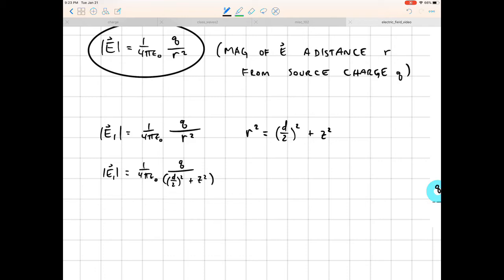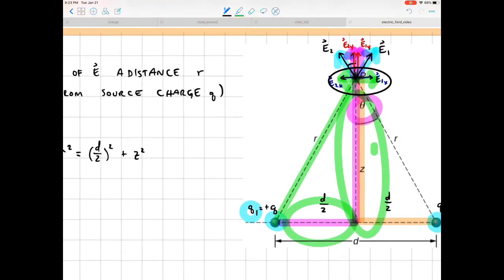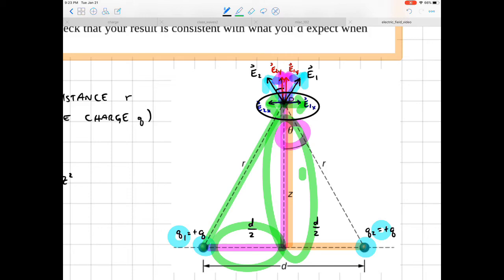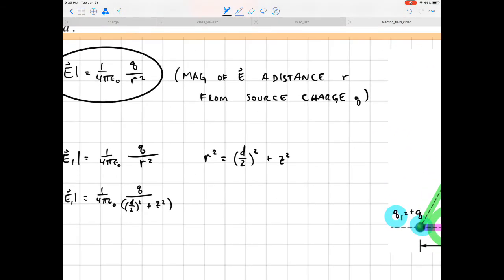All right, so that's the magnitude of the vector E1. But remember, what I want is to then find the component that's vertical, right? How much of this is pointing straight up? And so if I sketch this over here, I have this vector E1.